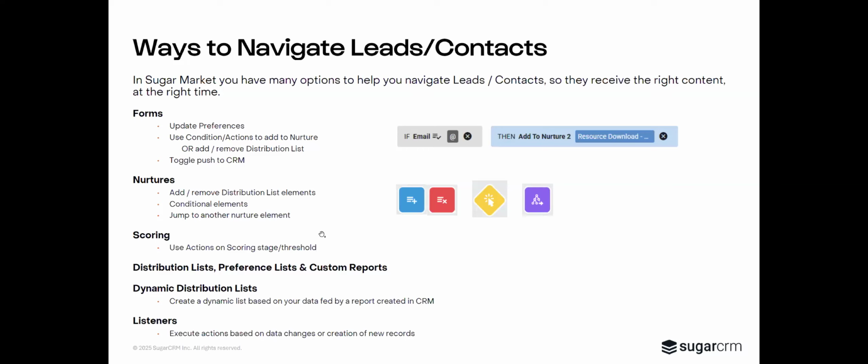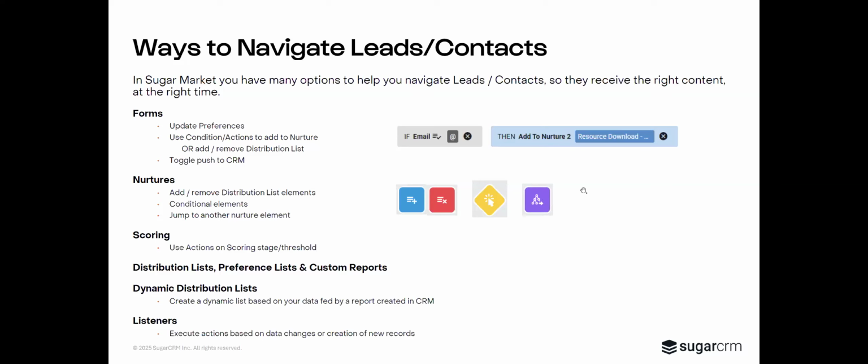Within our nurtures, we can remove people from lists, helping us to organize those records and decide how they move through the process. We have conditional elements to help us evaluate engagement, and we have a jump to nurture option for when we decide that they should be moving on in the process.